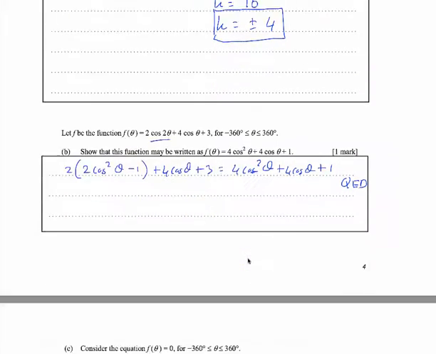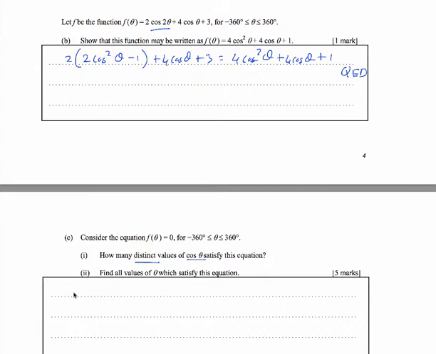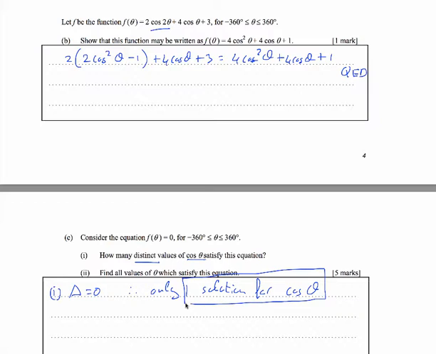So the discriminant is 0. Therefore, x has one solution if it's a quadratic. Therefore, only one solution for cosine theta, because it just touches the horizontal axis.